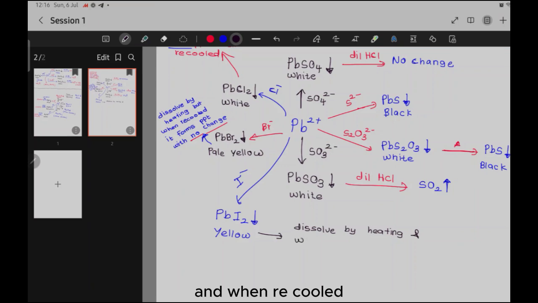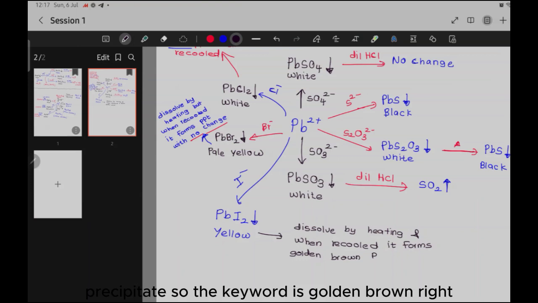and when recooled, it forms a golden brown precipitate. So the keyword is golden brown.